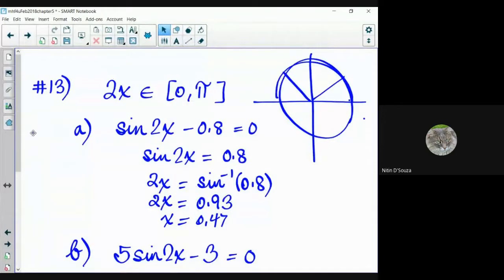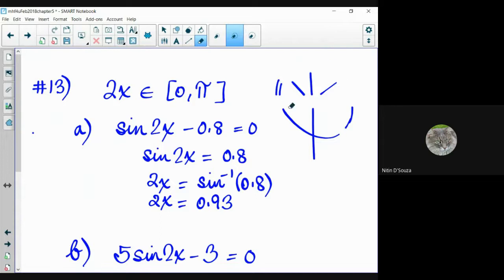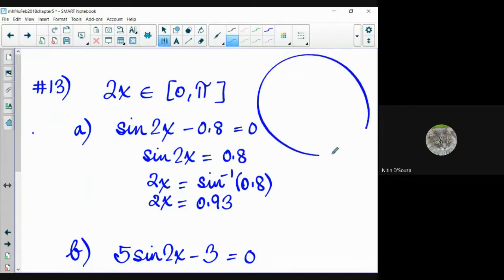The other way to do it is you've got 2x equals 0.93. Better make sure this is right. So here's my circle. This is 0. This is pi. This is 0.93.